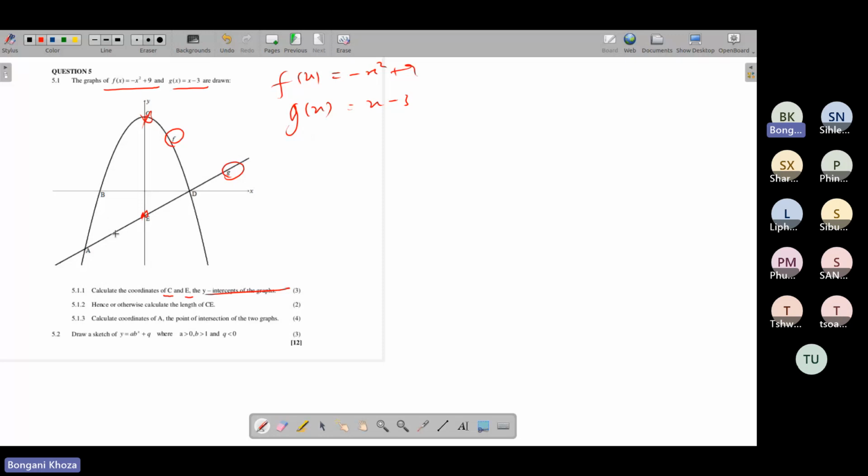So y-intercept, remember, you let the x value be 0. So we can say y-intercept at x equal to 0. So for f over here, you'll end up with negative x squared plus 9.